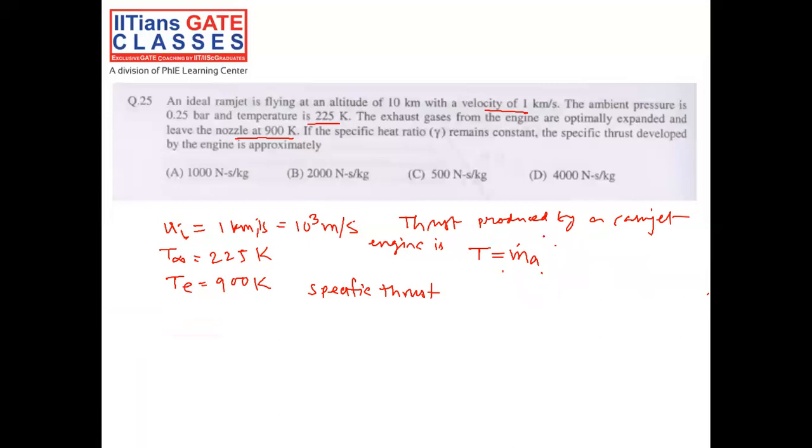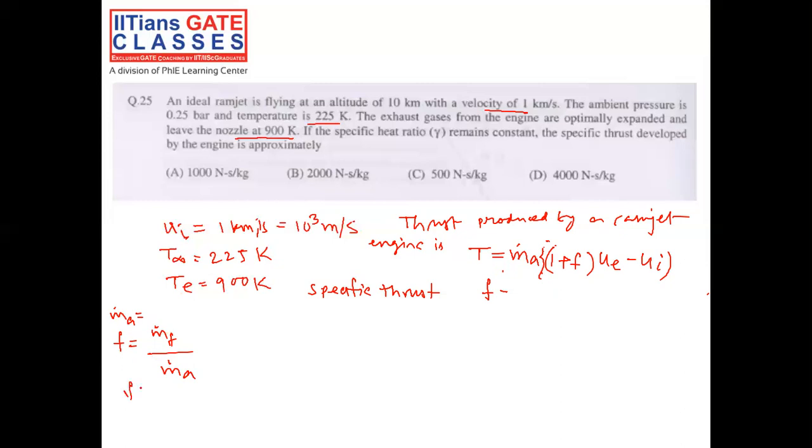Okay, so the thrust produced by the ramjet engine is given as ma dot into 1 plus f, UE minus UI, where ma dot is the mass flow rate entering into the engine, and f is the ratio of fuel flow rate to mass flow rate. UE is basically the exhaust velocity, UI is the velocity at which the engine is moving.